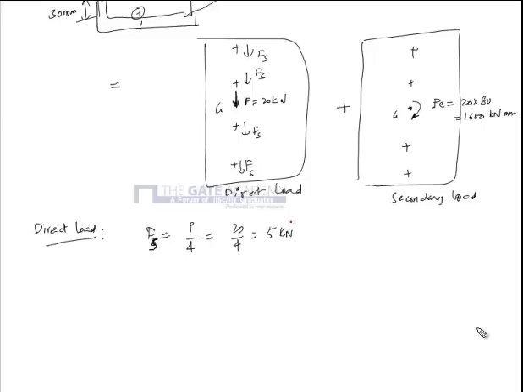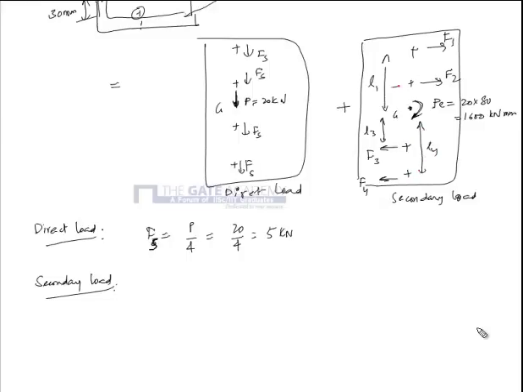Now for the secondary load, let the forces on the rivets be F1, at a distance L1, then F2, F3 and F4, with distances L2, L3 and L4. Remember that L4 is equal to L1 and L3 is equal to L2.